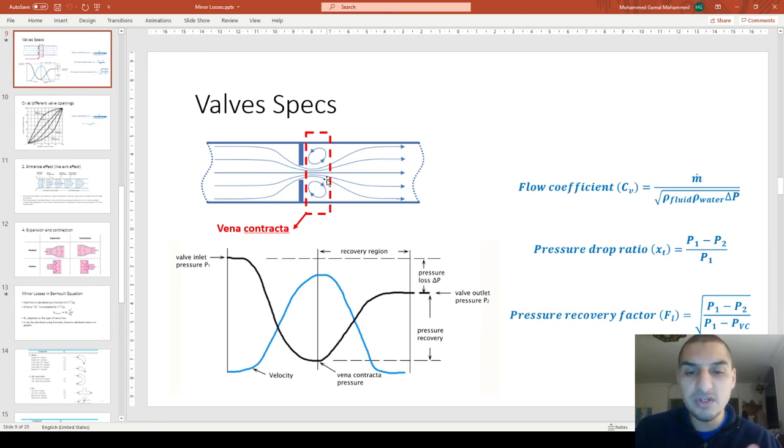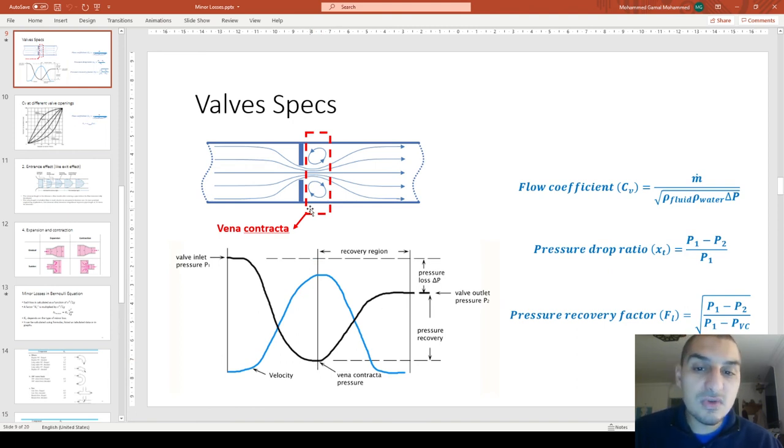So the pressure decreases, the velocity increases till the velocity reaches its maximum value, and the pressure will keep decreasing due to the very high velocity that we reached here. So at the choking flow, the pressure will decrease without any corresponding increase in the velocity. And as we mentioned before, the increase of the velocity and then the decrease after the vena contracta corresponds to the recovery of the pressure.